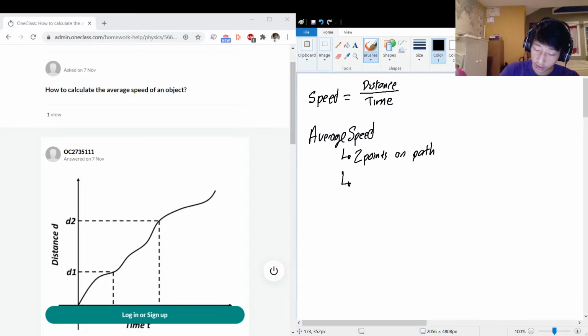So the first one, you're going to have d1, distance 1, and the time that you were there, time 1, and you're also going to want a second point, maybe d2, and the time that you were there, t2. To find your average speed between there, you would use this equation. It's pretty much just finding the slope between those 2 points.